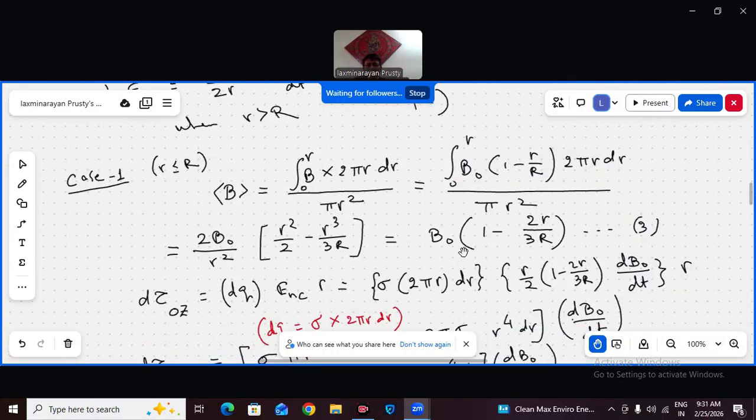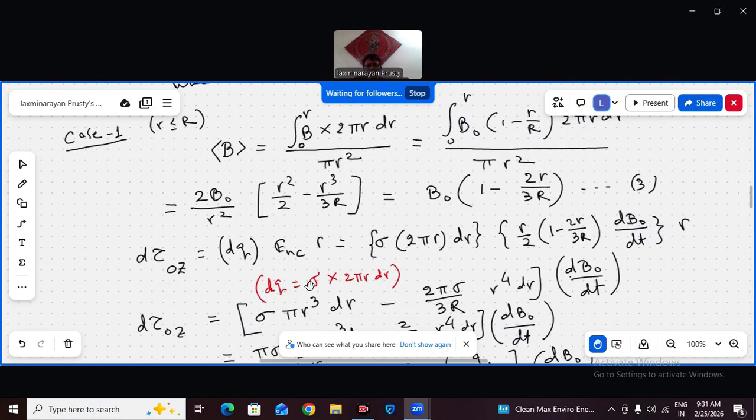Okay, dq is sigma into 2 pi r dr. That's what I wrote here. ENC is r by 2 times d by dt of this value, that is (1 minus 2r by 3R) into B naught, so dB naught by dt. So that is r by 2 dB average by dt into dq into r.